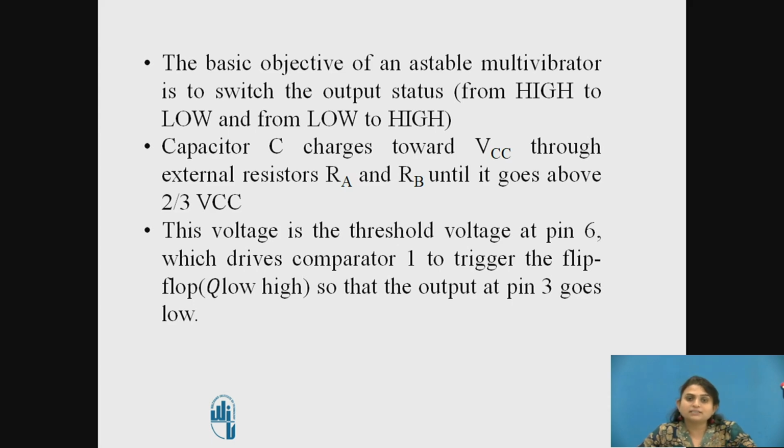This voltage is the threshold voltage at pin 6, which drives comparator 1 to trigger the flip-flop. That means the flip-flop output will go low or high depending on that. So, the output at pin number 3 goes low.